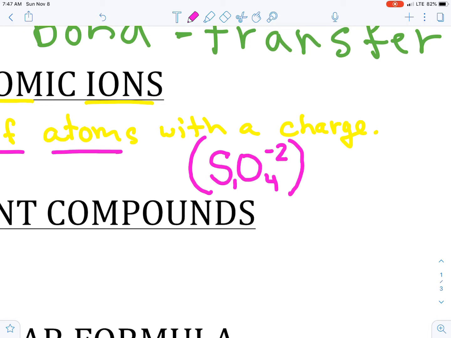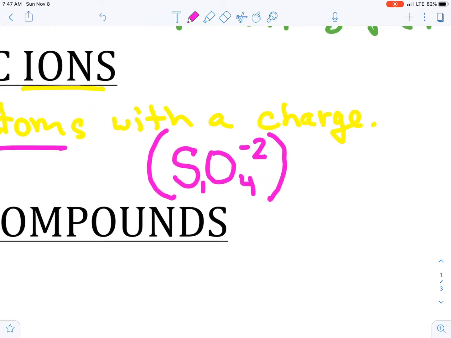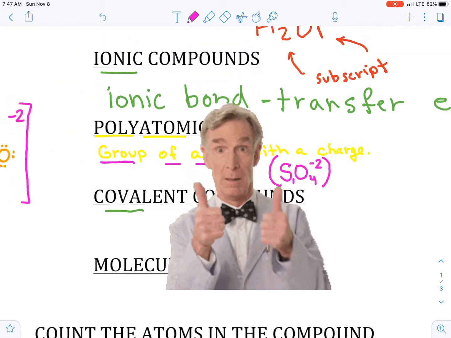And so it has to have a negative charge. And because we want everybody to know that the whole thing has this charge, not just the O's, not just the S, but all 5 particles, we put it in parentheses. That's going to come into play later, and you'll like it once we start using it.